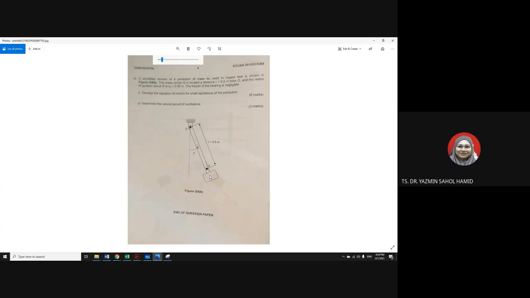Kalau baca dalam soalan tu dia bagi apa? Dia bagi radius of gyration.